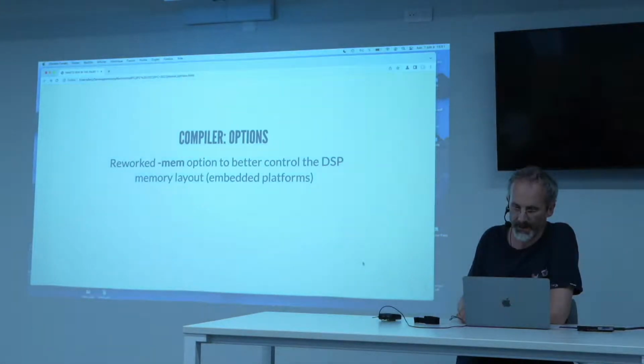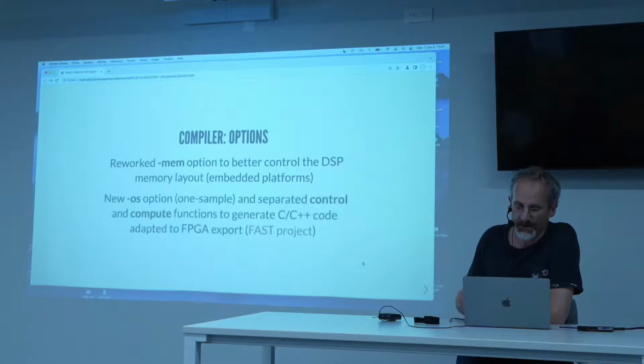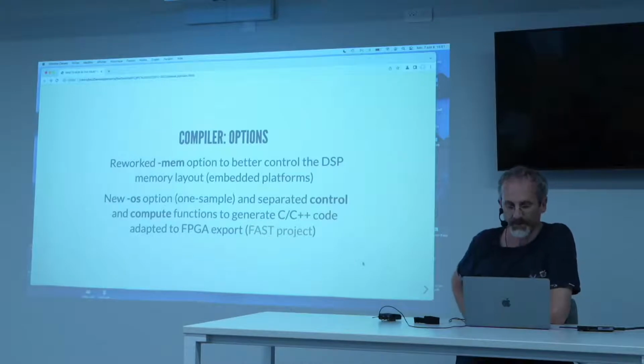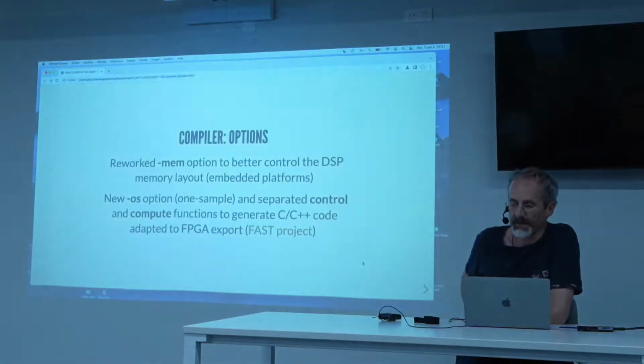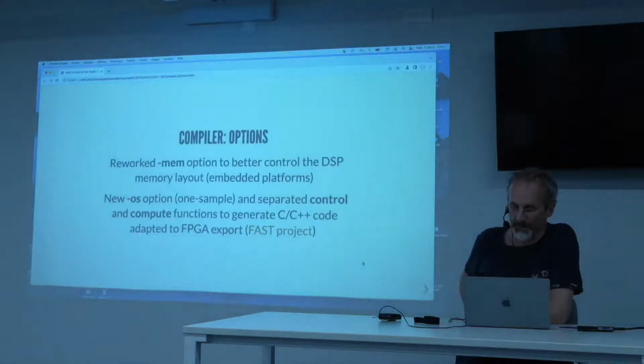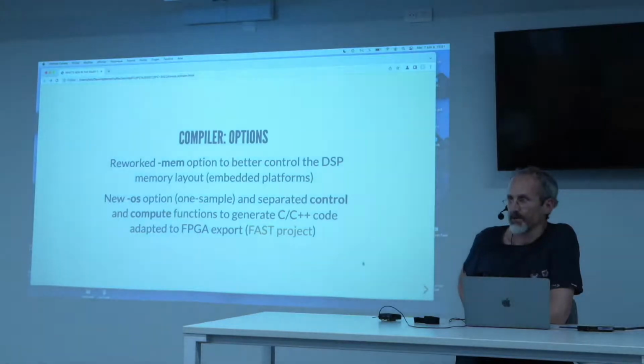We have new options in the compiler. The main one is the mem option. It was already there, but we have extended a bit the semantics and the use case of this option. Basically, in some cases, we want the DSP class generated by the Faust compiler to be able to change the way the memory layout is described.